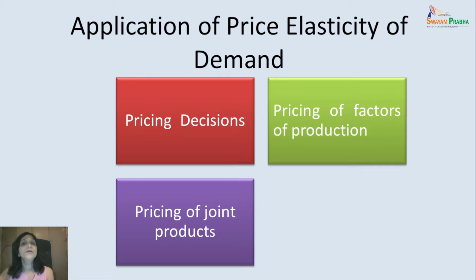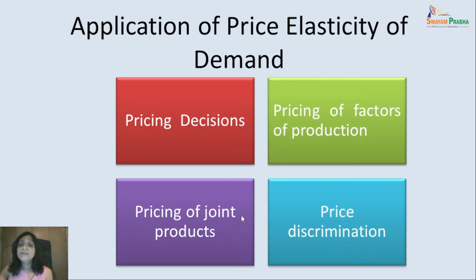For the product whose demand is inelastic, he will be able to charge a higher price compared to the other joint product, whose demand may be elastic. So in case of joint production, the pricing of products produced jointly can be done with the help of knowing the individual elasticity of demand for each product.